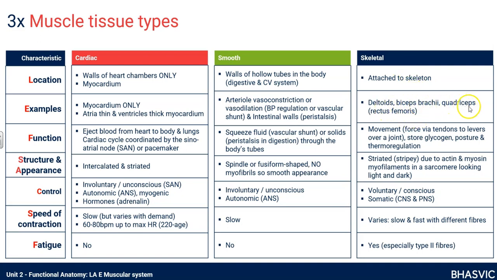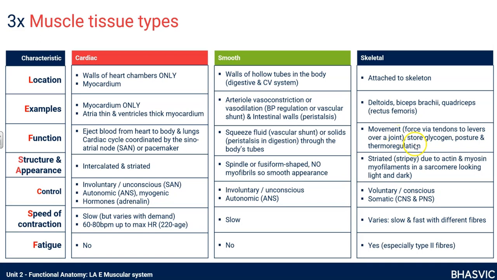Any muscle example is true, so our deltoids, biceps brachii, quadriceps, rectus femoris, all skeletal muscles made up of skeletal muscle tissue. Primarily, we use this skeletal tissue to contract to allow us to move, because our muscles, when they contract, they shorten, they apply a force via our tendons onto our bones. Our bones act as levers, and at a joint we allow movement.